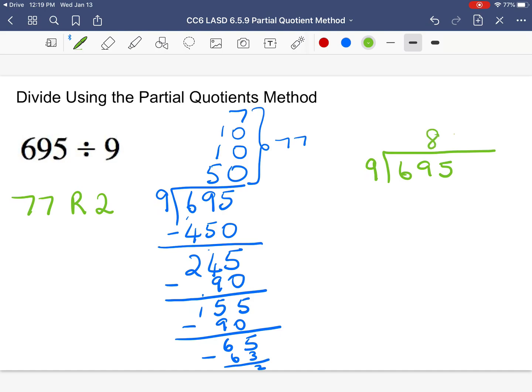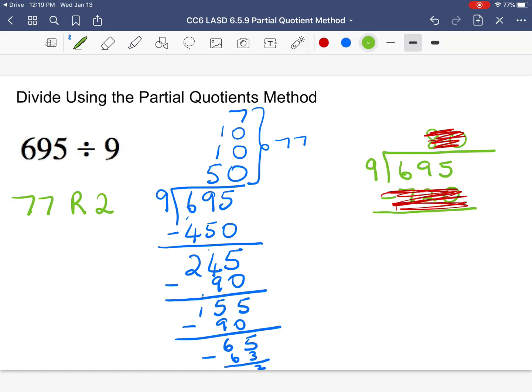So 9 times 80, I want to subtract it. And oh, it's too big. I can't subtract it from 695 and get a positive answer. So I know I've made a mistake. If you have an eraser, you can erase, or you can just cross it out and pick a better number.